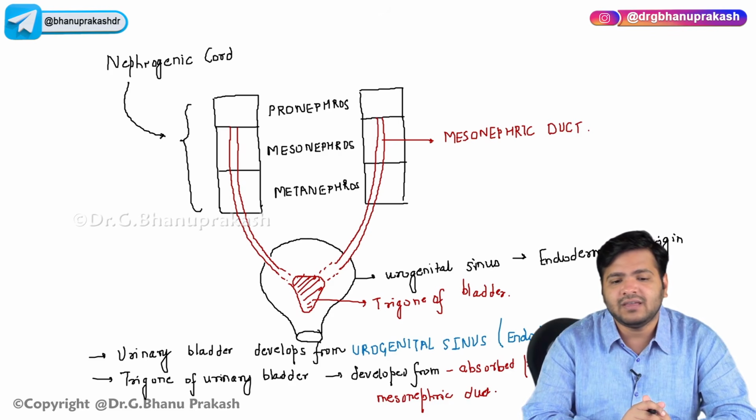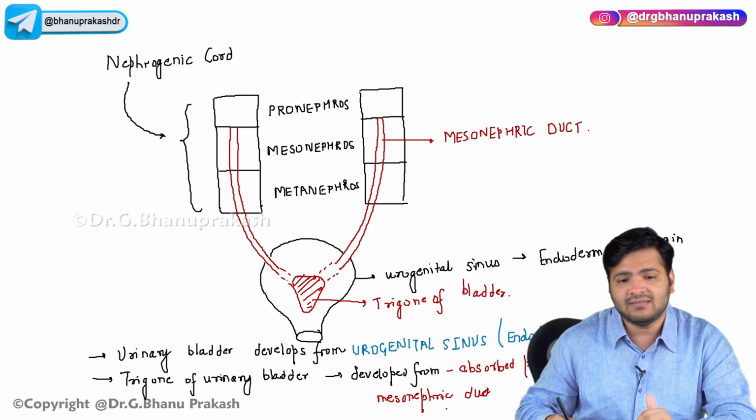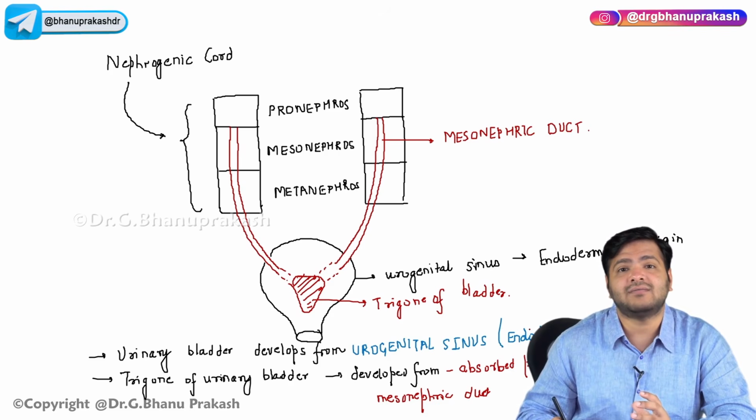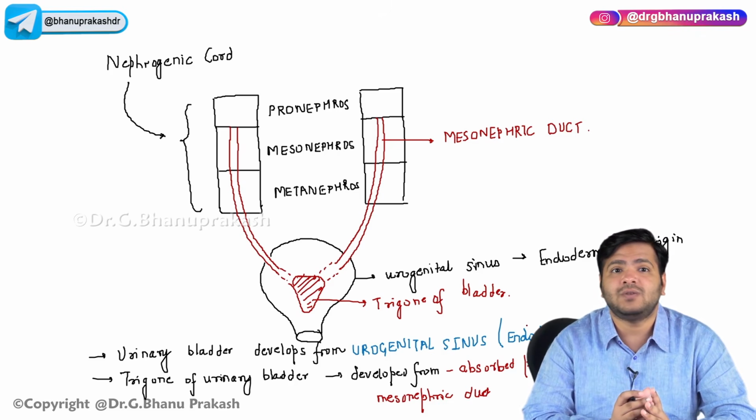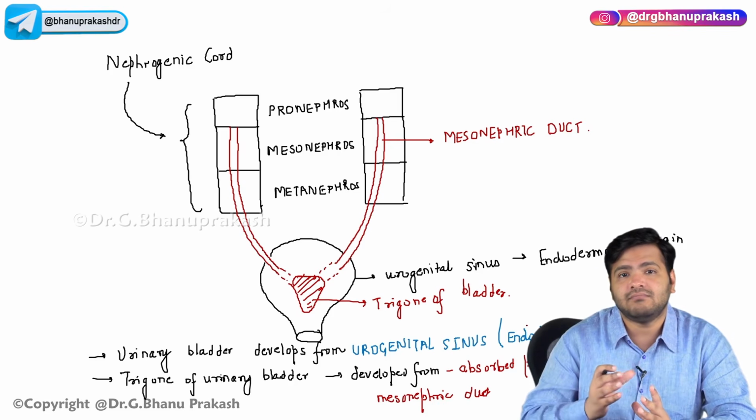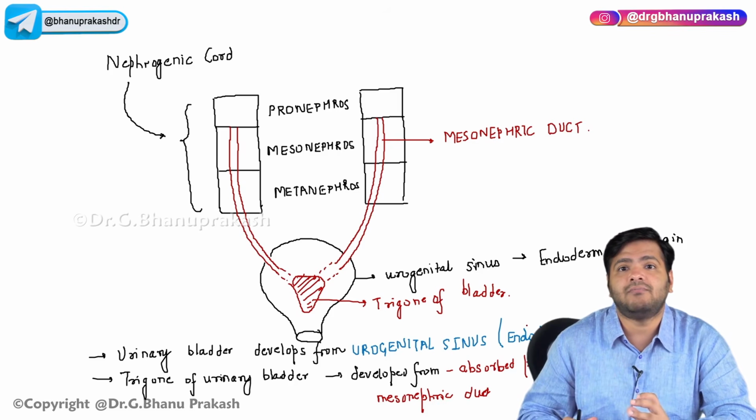Now, before entering into the urogenital sinus, it will give a bud that is called the ureteric bud. I am coming to that particular part now. This ureteric bud is the one which will stimulate the metanephros to form the parts of the renal system, right.